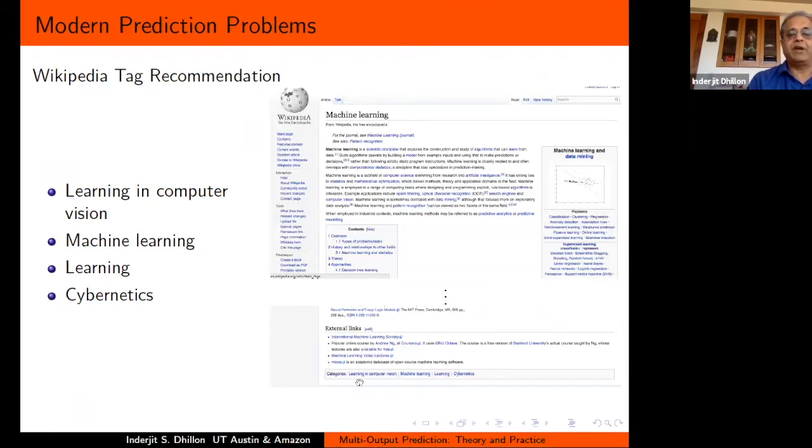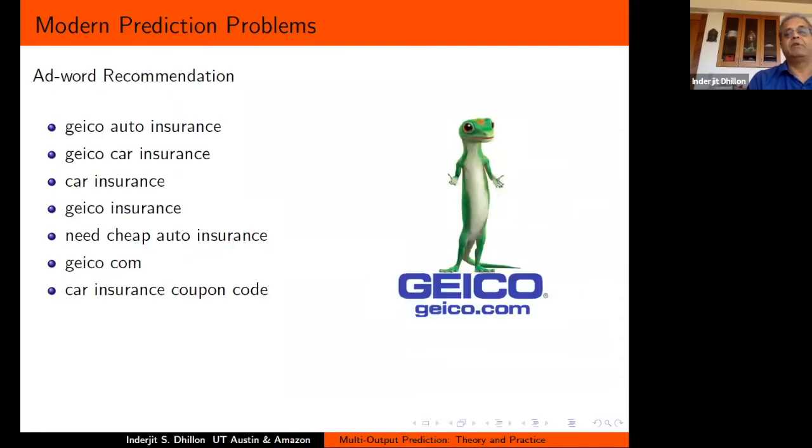So you can see the tags over here. You may not be able to read it, so I've written them over here: learning in computer vision, machine learning itself, learning, and cybernetics. So if we now treat each of these tags as an output, then the number of outputs can really be very large, millions, tens of millions, even larger.